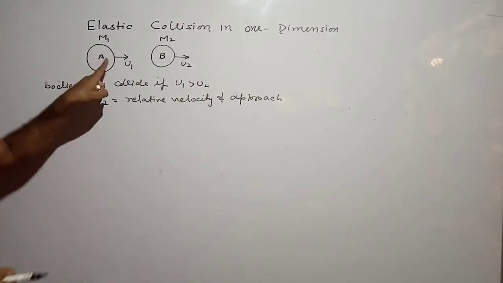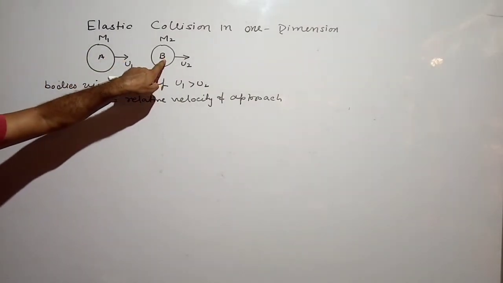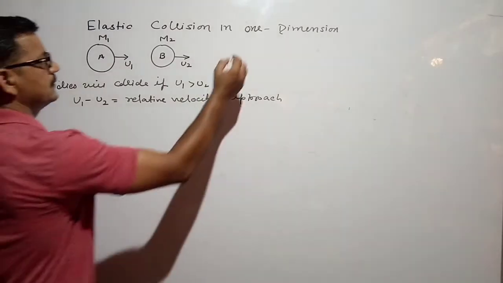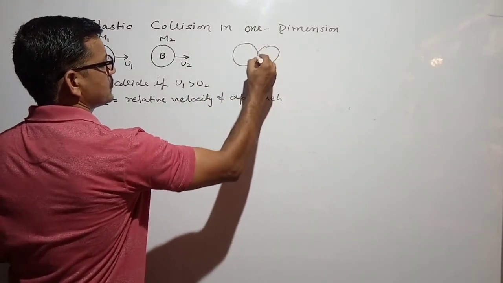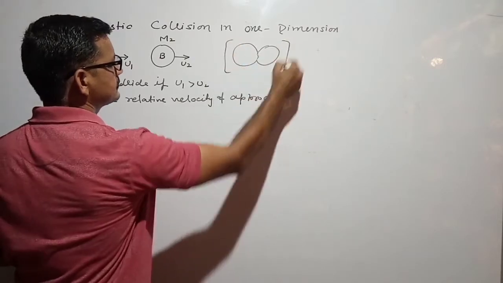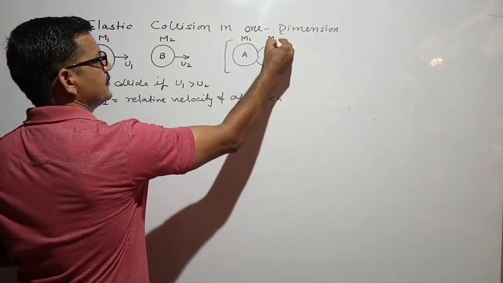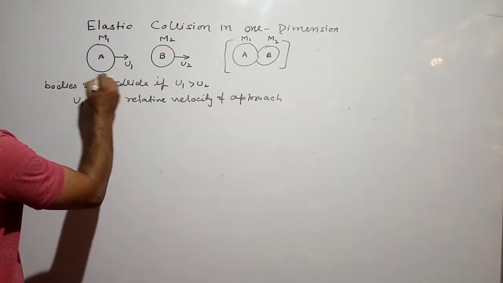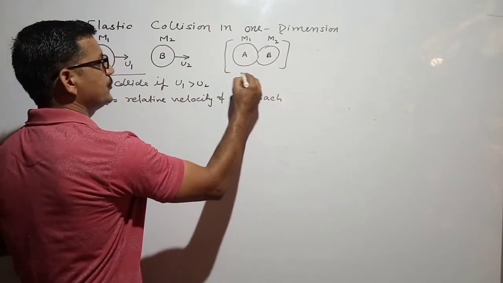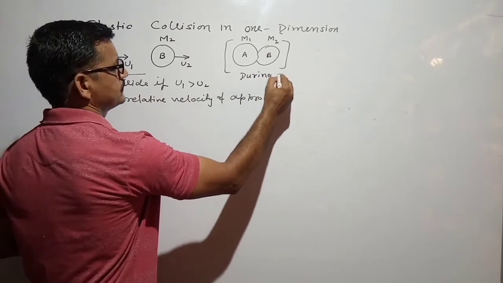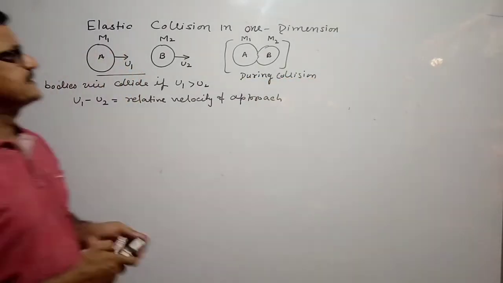As the velocity of body A is more than the velocity of body B, they will collide here like this. So both the bodies are colliding here, A, B, with masses m1, m2. This was the position before collision, and this is the position of the bodies during collision. Now, how will the bodies separate?